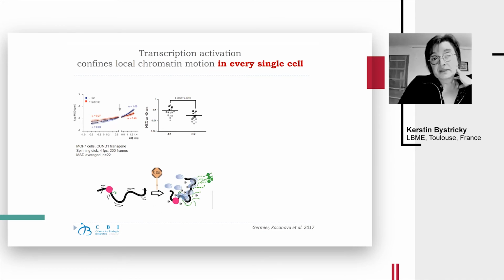So one thing I'd like to conclude from this is that the DNA moves quite a lot. When you transcribe it, motion is reduced, in particular the area in which the gene, the tag locus, moves. And the second point is that initial dynamics are quite heterogeneous.